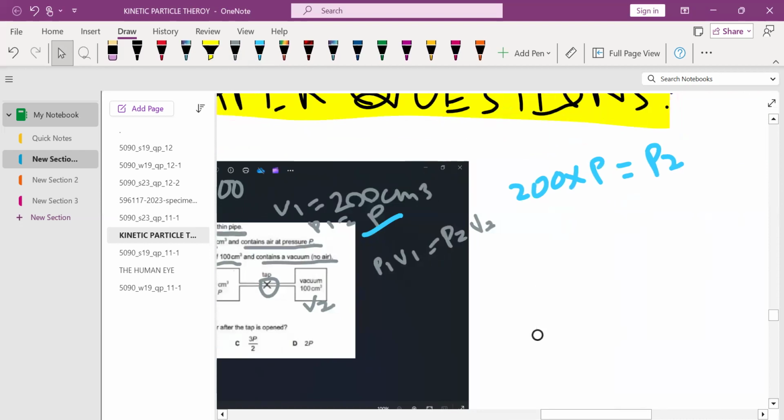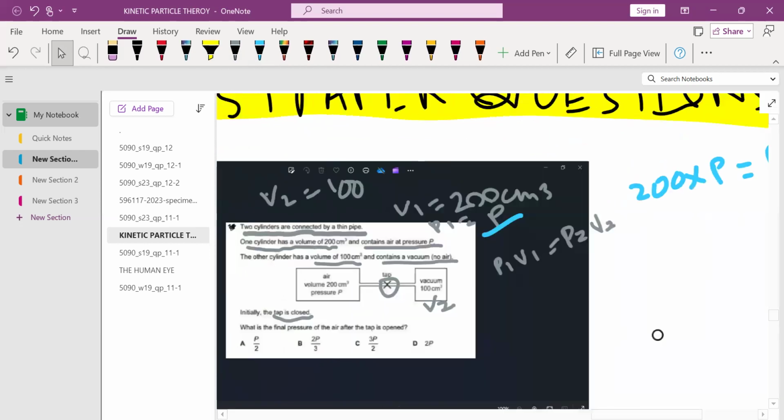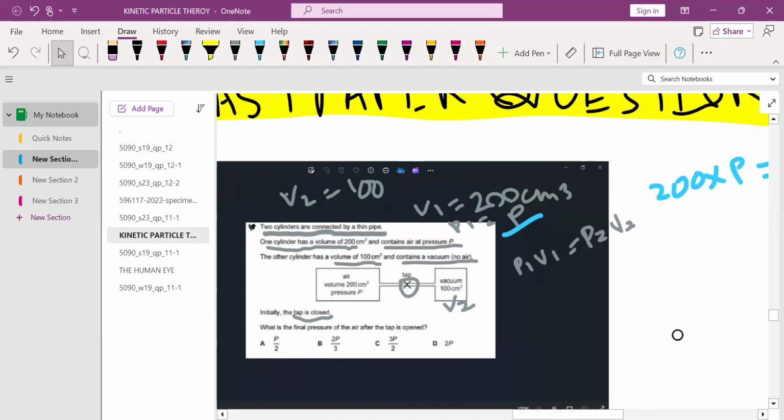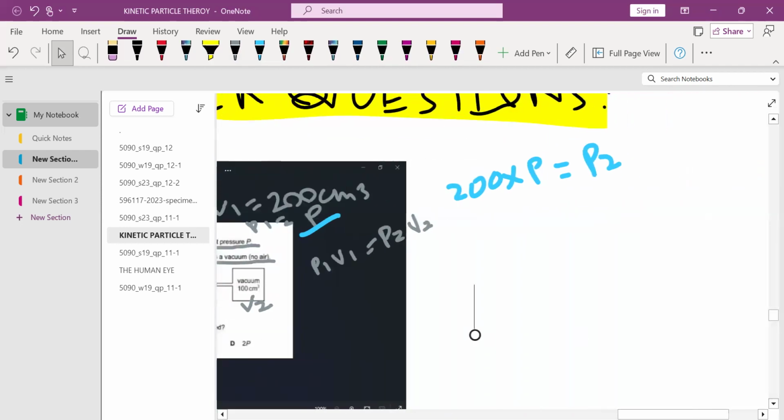So when the tap is open, the volume of the air which is 200 will go through this line, or you can say this pipe, and enter the V2 side. So we will add this 200 with 100. 100 is given in the question. So 200 plus 100 equals 300.